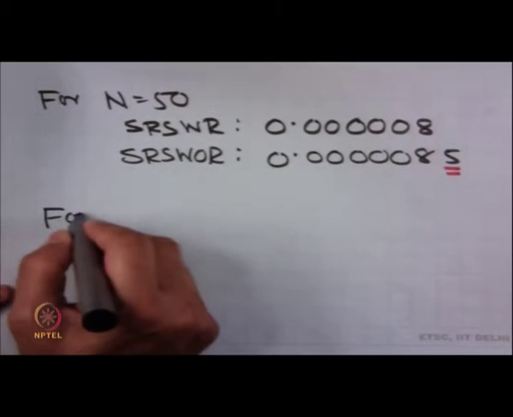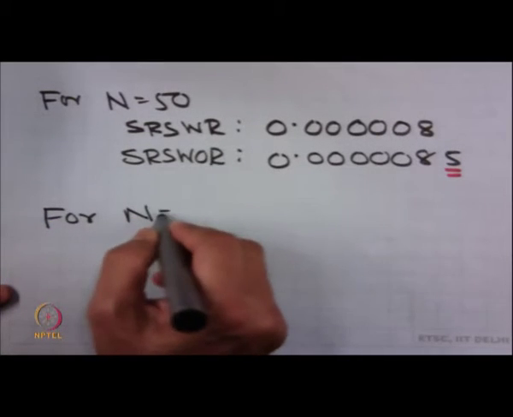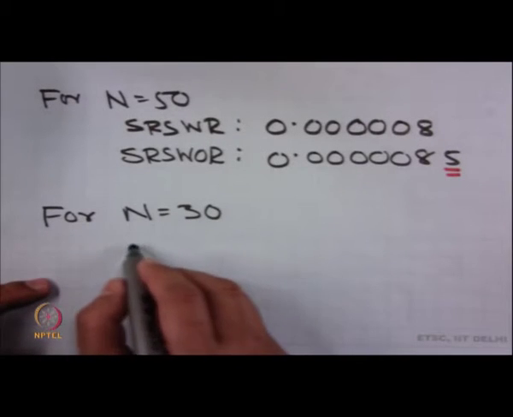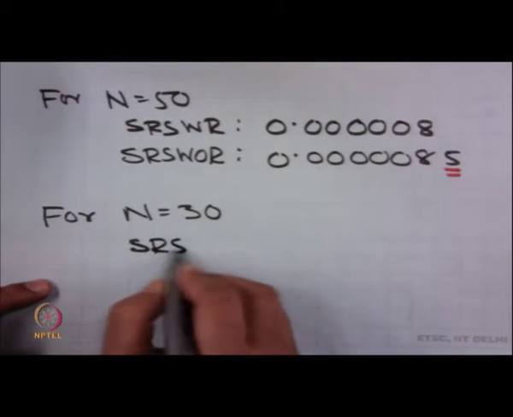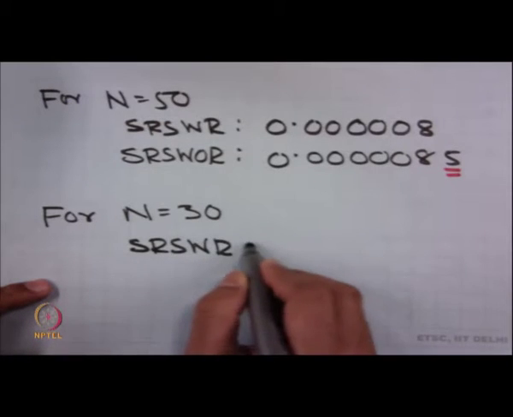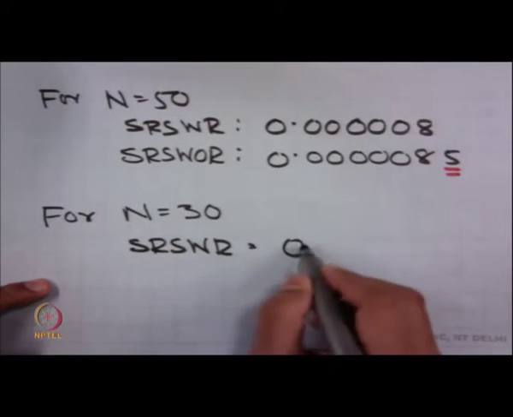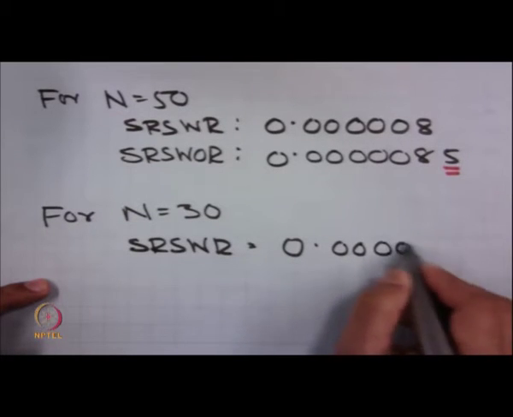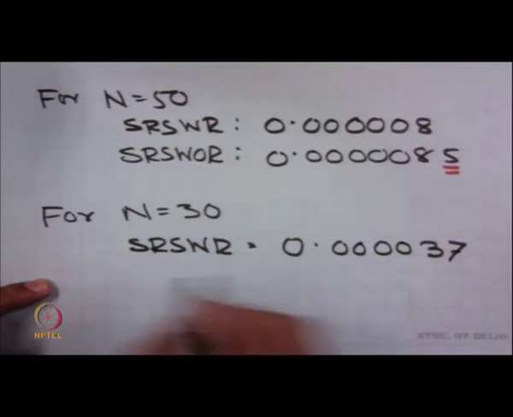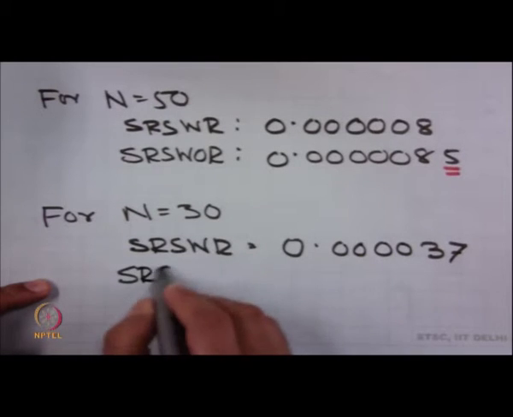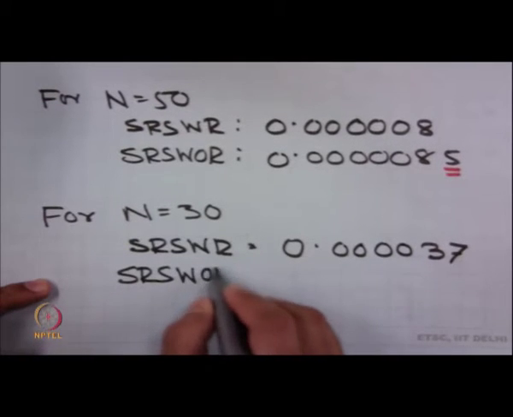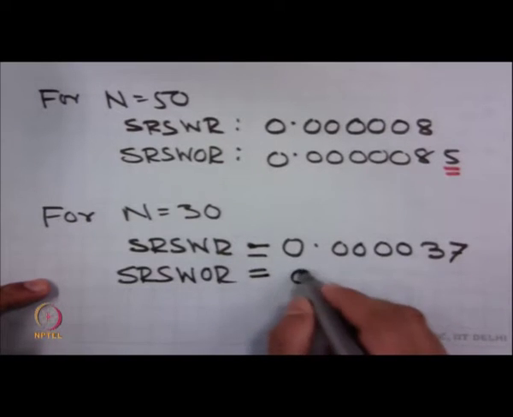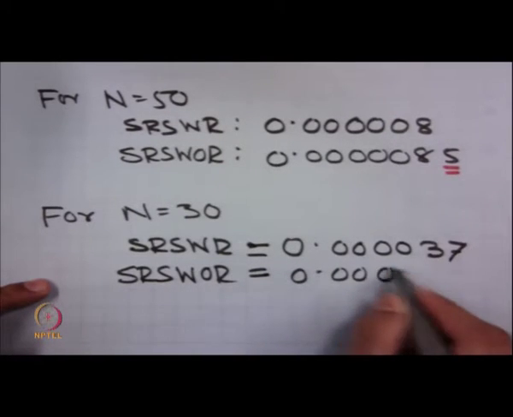If we make n even smaller, then what we are getting for SRS WR is 0.000037, and for SRS WOR, this is equal to 0.000041.